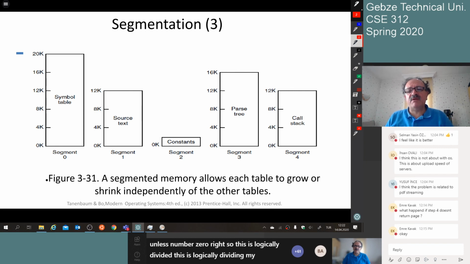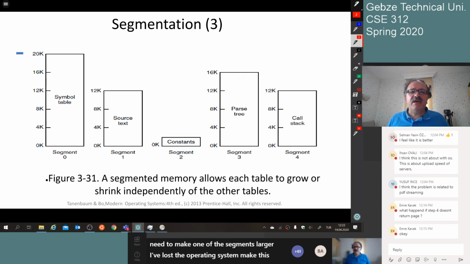And as a programmer, I know how to divide my program into many smaller chunks. Some of them will keep some data, some of them will keep maybe some special procedures. And if I need to make one of the segments larger, I will ask the operating system to make this segment larger.